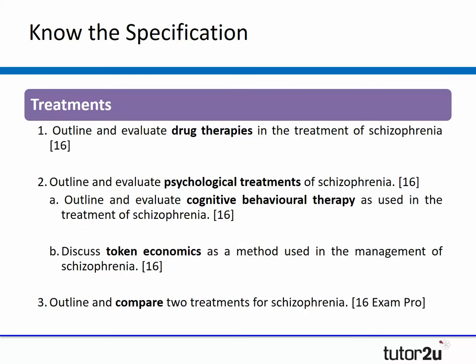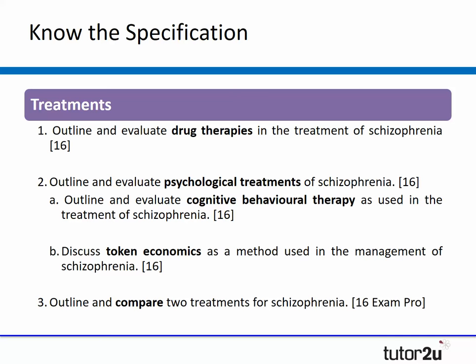In terms of treatments, this is where I think your teaching will have a bit more time spent on it, because you could be asked to outline and evaluate drug therapies, of which you'll need more than 1, it's plural. In terms of psychological treatments though, what's particularly interesting is if you look through the sample papers, the textbooks and exam pro, what you'll see is that they not only ask a generic question on psychological treatments, such as number 2, so outline and evaluate psychological treatments, but you can also be asked a very specific question here, picking out the points in the spec.